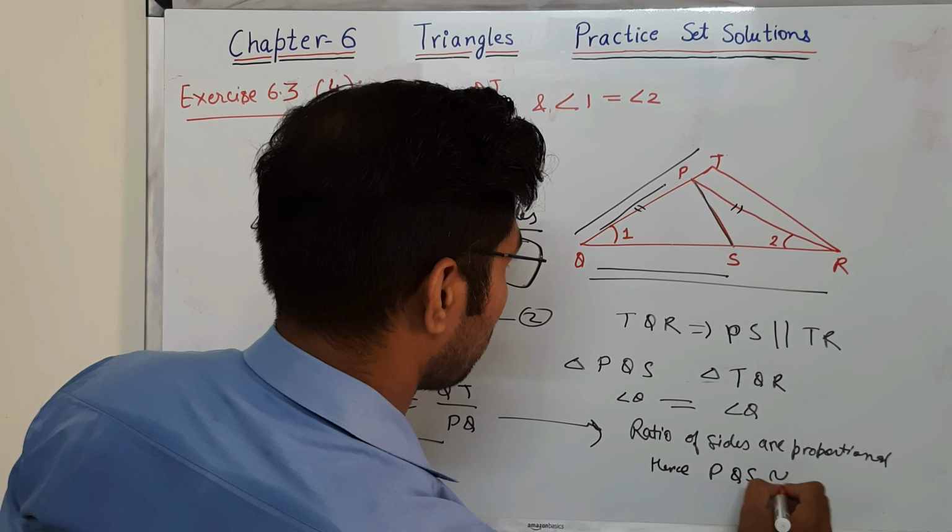These are parallel lines, so this angle should be equal to this one, correct? So in this triangle angle B should be equal to angle B, this one, right? Okay, so we are taking here triangle ABE and CFB.